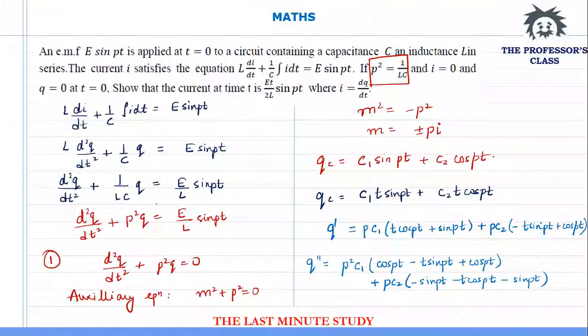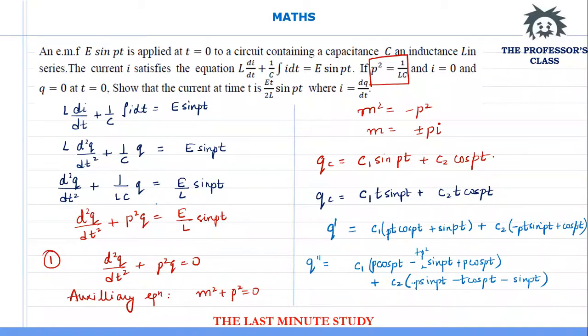Correcting some of the things over here, this p won't be on this side. In this case, this p will be multiplied over here but not here, and in this case the p will be multiplied over here but not here. So you won't be having p square in this case, but yes, inside you'll have p cos pt and p square sin pt, and this will be p cos pt.